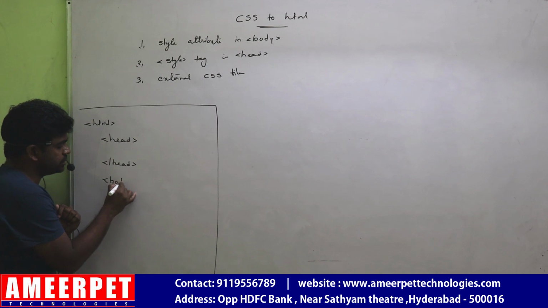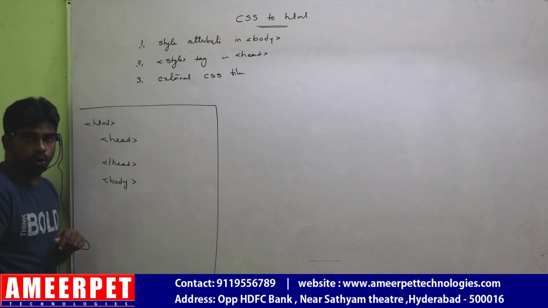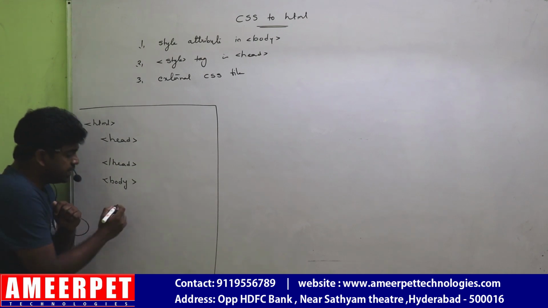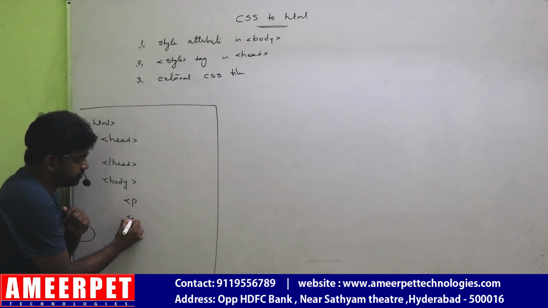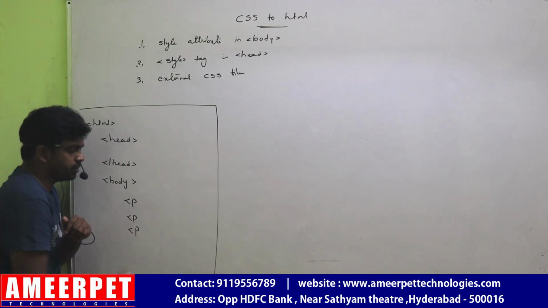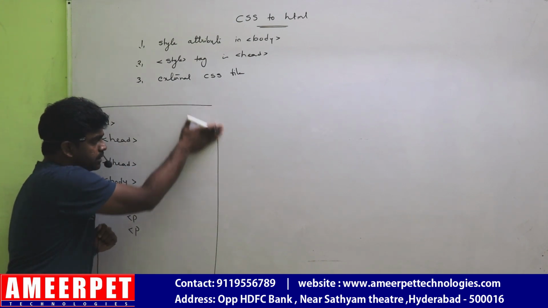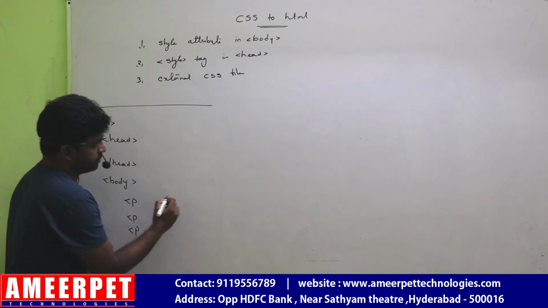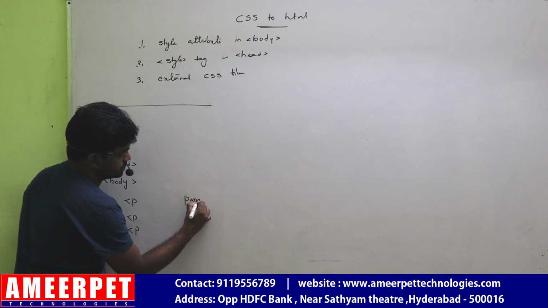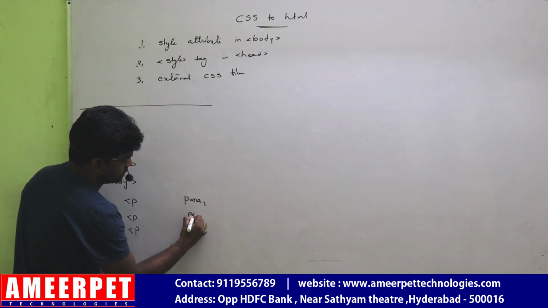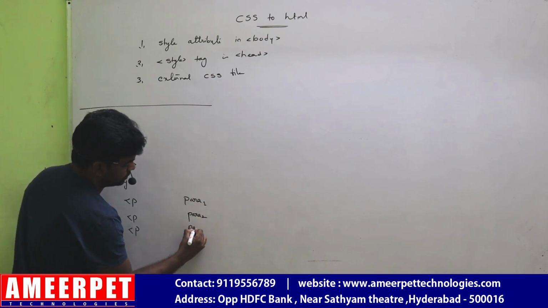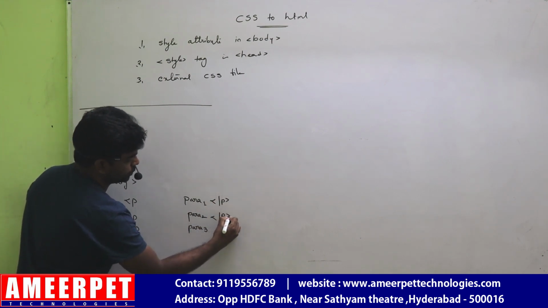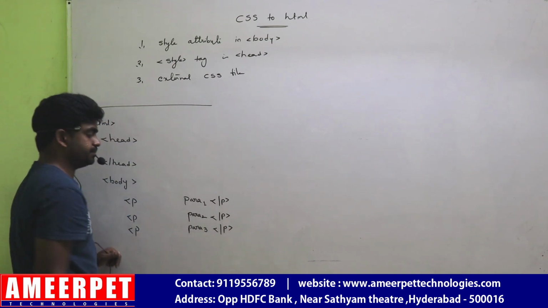Inside the body, I'm creating one paragraph, first paragraph, second paragraph, third paragraph. Generally, how we are doing that? Whenever you are writing the paragraphs, this is paragraph 1, this is paragraph 2, and this is paragraph 3. Paragraph close, paragraph close, paragraph close.